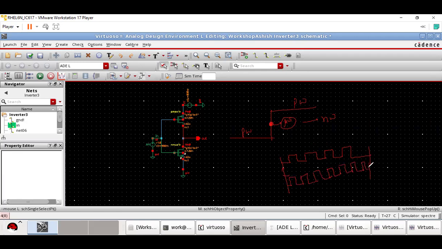Now, please tell me with your understanding, if I calculate the power, see, this time is the same. This is T time. This clock will consume more power or this clock will consume more power?